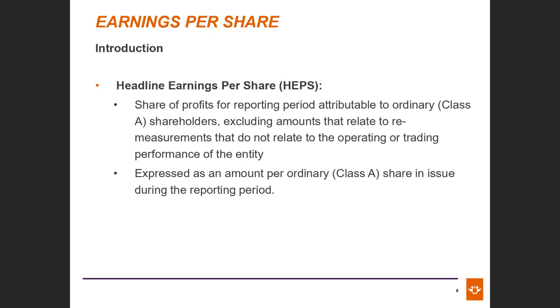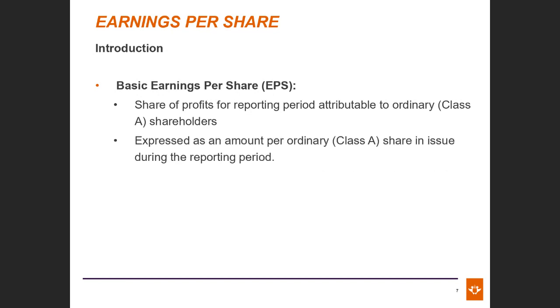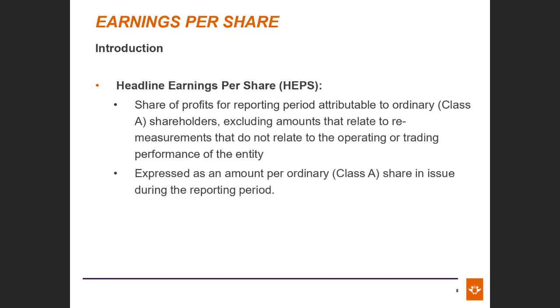So if we go on, the previous slide looked at the basic earnings per share. Like the name suggests, it is basic, it is quite straightforward. We are looking at the share of profits for the reporting period attributable to ordinary shareholders. Then, when we have a look at our headline earnings per share, this is a bit different.